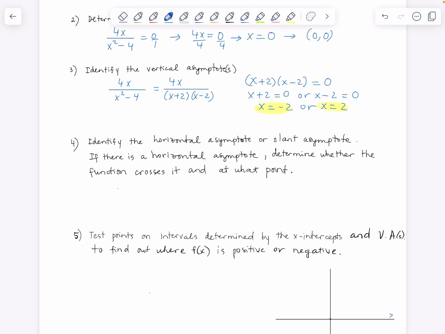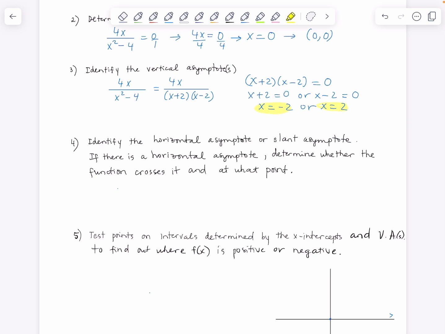Number 4, identify the horizontal asymptote or slant asymptote. You can only have one or the other. If there is a horizontal asymptote, determine whether the function crosses it and at what point. So to see if there's a horizontal asymptote, you look at the degrees of the numerator and denominator.